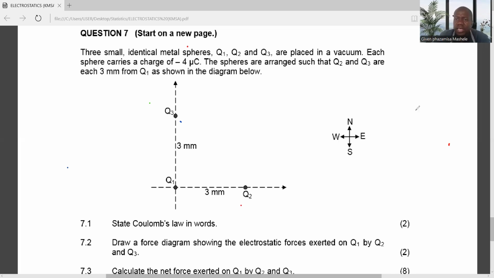For example, let's say there is a charge here, and this charge is hanging from a wall, which is at an angle of, let's say, 8 degrees. It's just an example. Then there's another point charge here, at a distance of, let's say, R. Then they give you charge 1 and charge 2. Then they ask you questions. Maybe you have to draw a free body diagram. We'll talk about this in the next video.